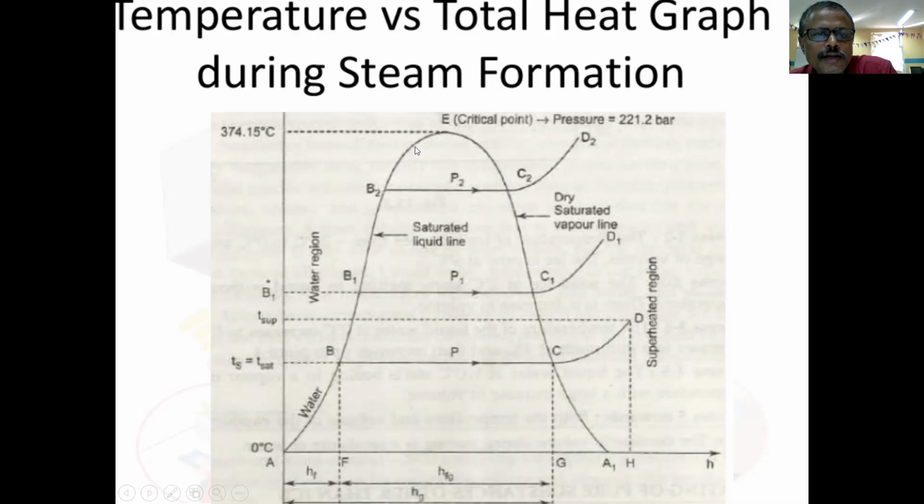And at all these left extreme points of the curve, you have water at its boiling point, while the extreme right points are the saturation vapor points, that is, dry steam points. To its right, you have superheated steam. So this is the temperature versus total heat graph during steam formation at different pressures.